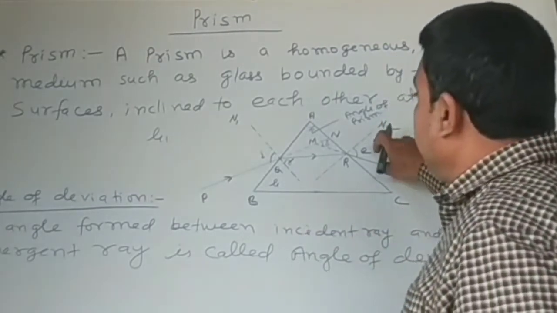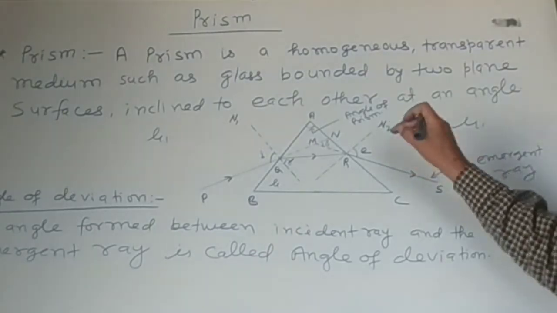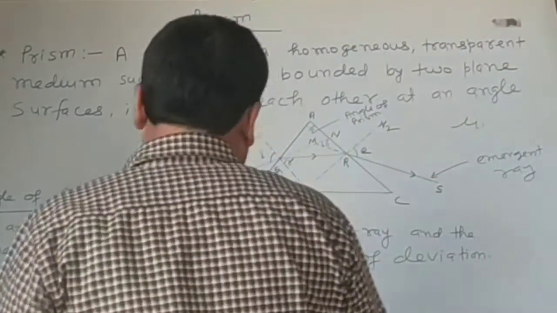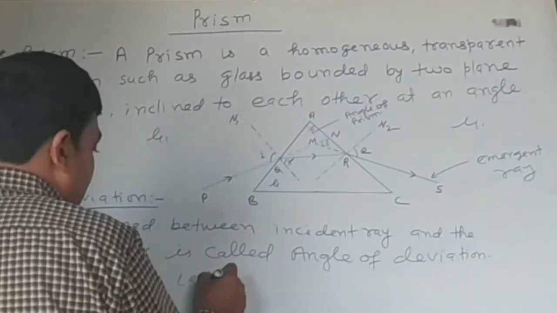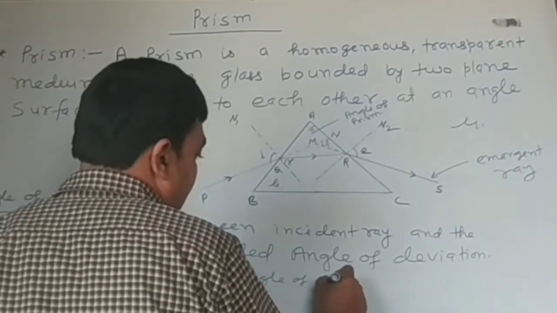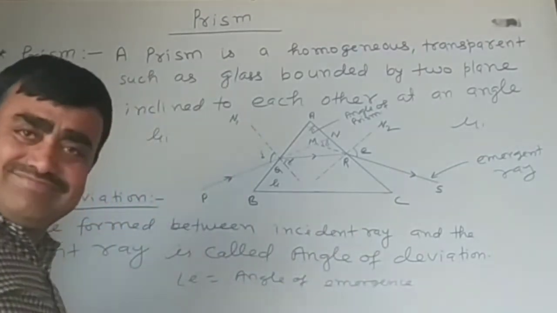Okay? And the angle between the normal and the emergent ray is known as angle of emergence. Here angle E is called angle of emergence.